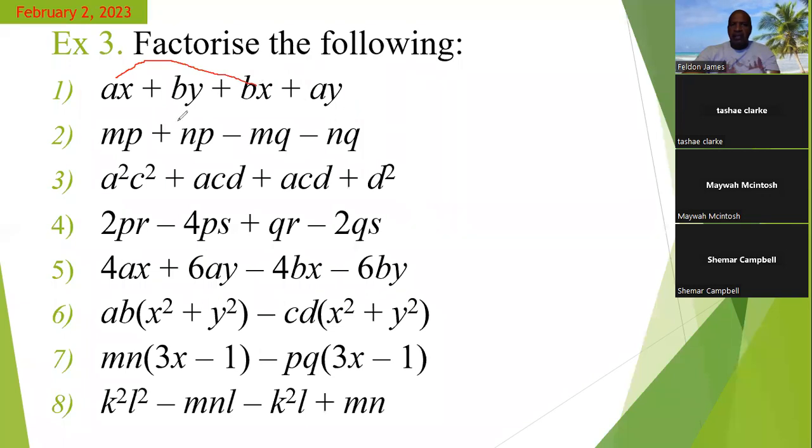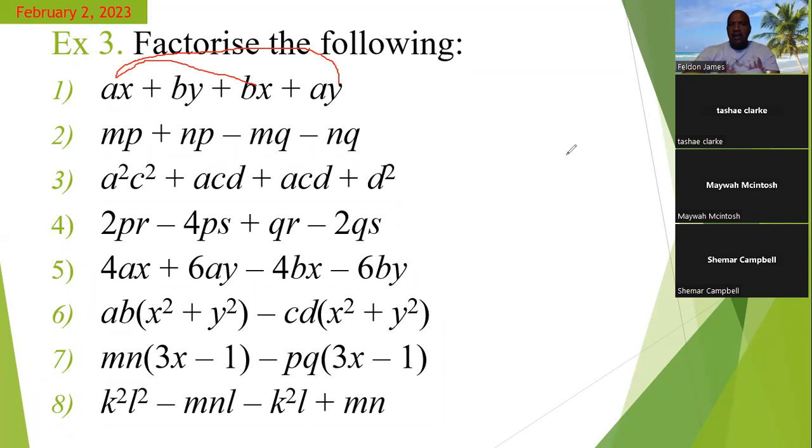Here we could group the AX with the BX if you want to make the X common. If you want to make the A common, instead you could group AX with AY.